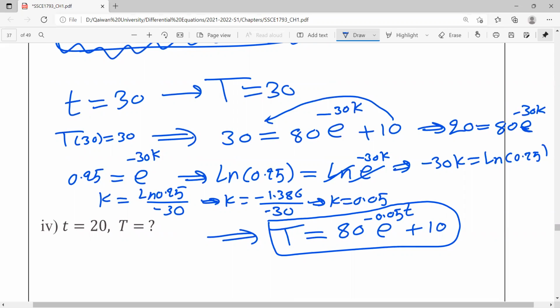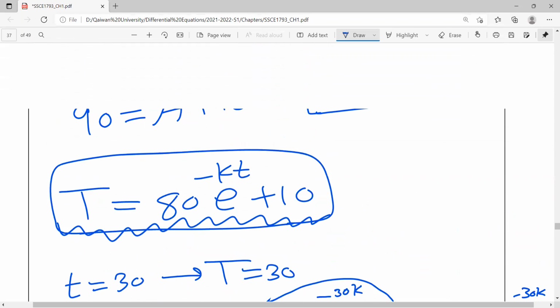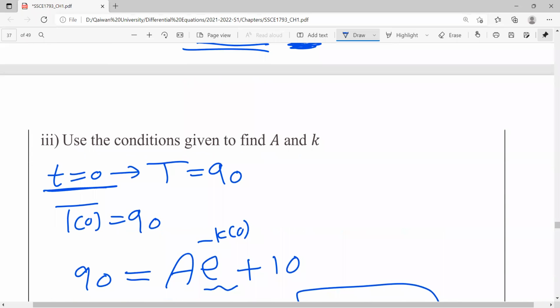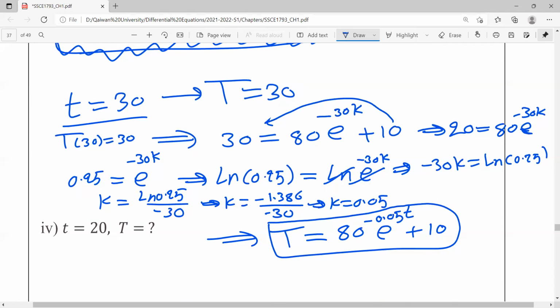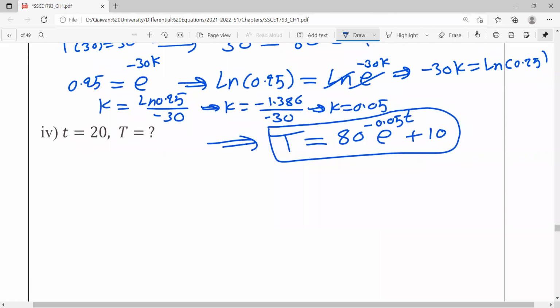This is the equation after applying the conditions, after finding the values of k and A. You should first apply the condition at time 0, then apply the other condition, as we did now. Now, if you replace t by any time, we get the temperature of the object.